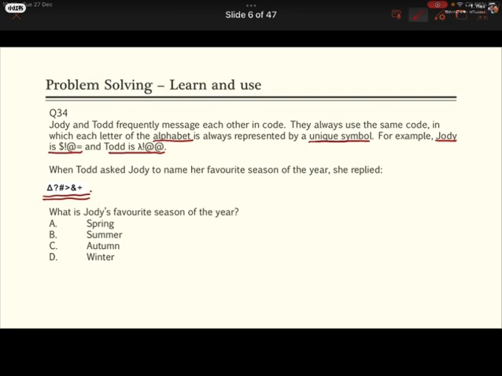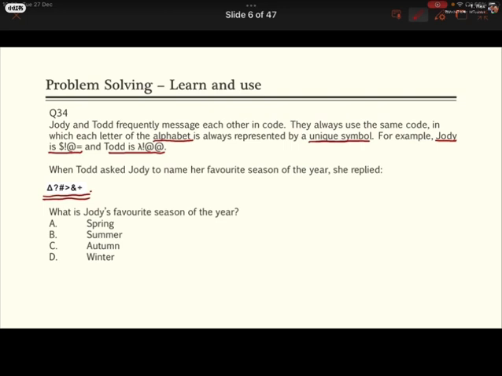I can see that's what the examples told us, but I just don't know how they made each unique symbol correspond to the letters. I cannot find any pattern. Yes, you're right, I cannot either.